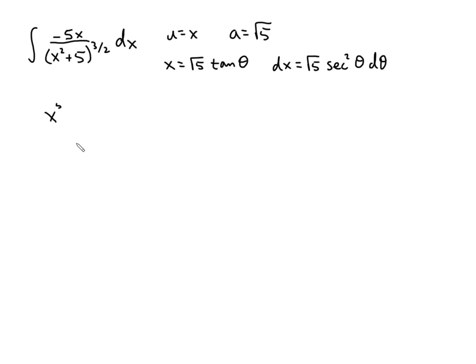x squared plus 5 will become, with these substitutions, x is root 5 tan theta, it's squared, plus 5.